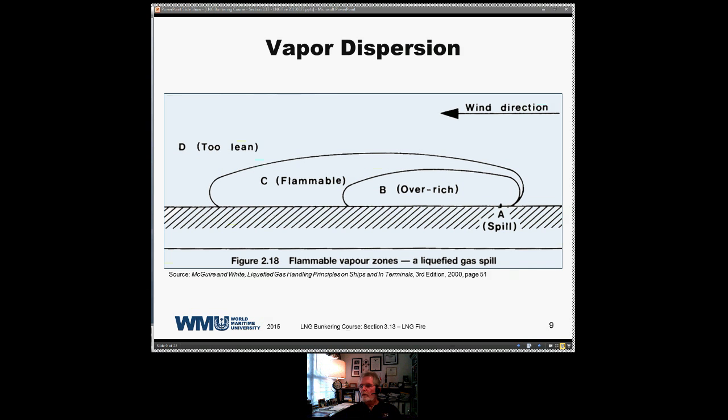So in a scenario here, a lot of tests have been done. Sandia Labs in the United States has done numerous testing. They've done numerous testing in France, and they have a very good idea of what would happen in the occurrence where there was a massive failure and there was an LNG fire on board a ship.